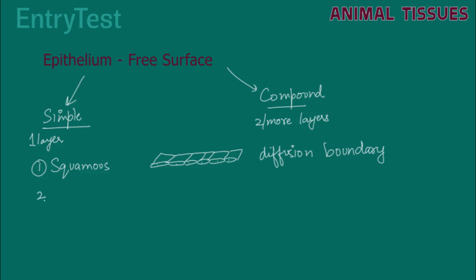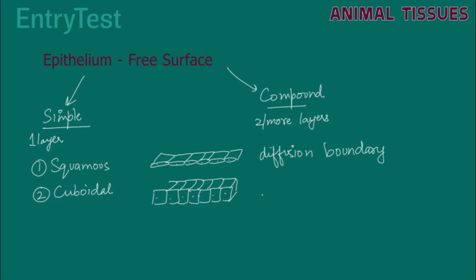The second one is cuboidal, which, as the name suggests, are more like cubes, like this, with one nucleus each. And in these cuboidal cells, these are basically found in the ducts of glands and the tubular parts of the nephrons.